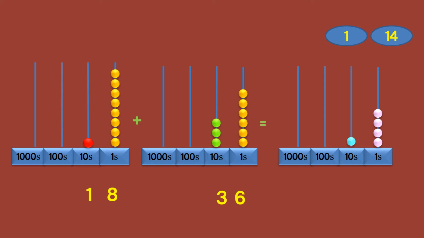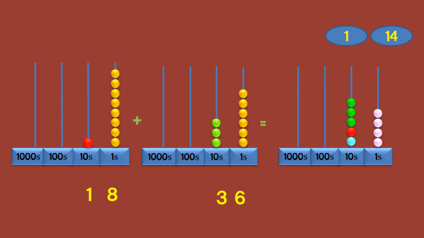Then we'll consider the other beads that should come under tens place. From 18, in tens place, I had got 1 bead. So I'll mention it. In 36, under tens place, I have got 3 beads. I'll mention that as well. Right. Now I have finished adding the two numbers together.